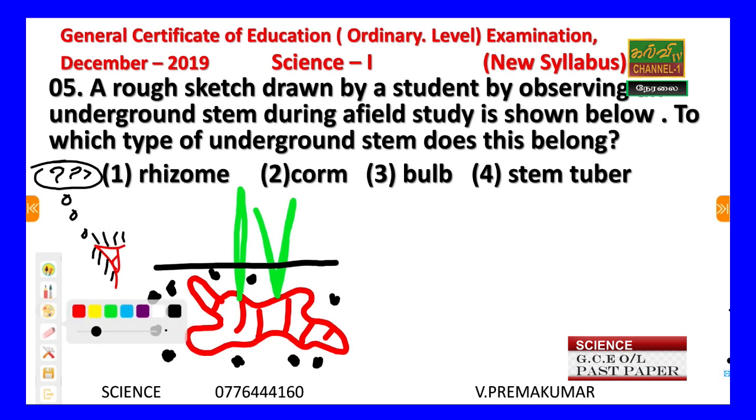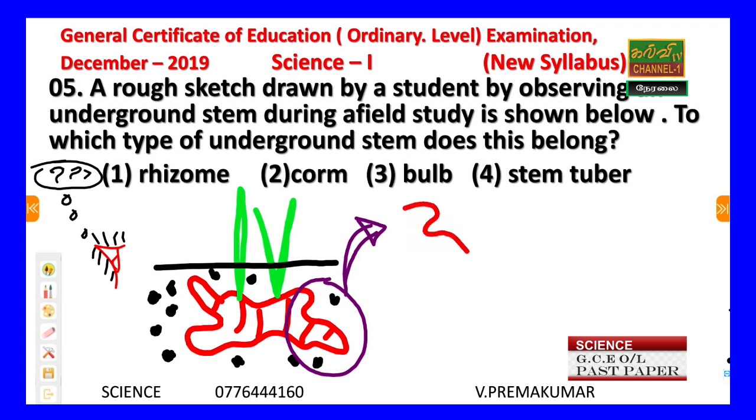At that time, one clever student says, if you want another plant, you cut this underground stem and take a small portion. We cut a small portion.